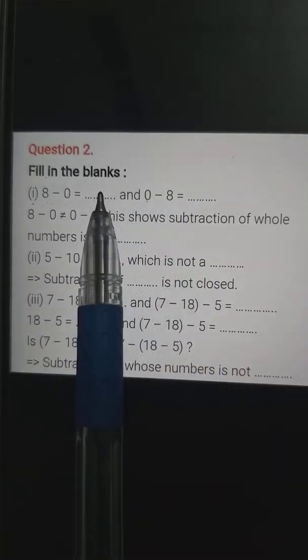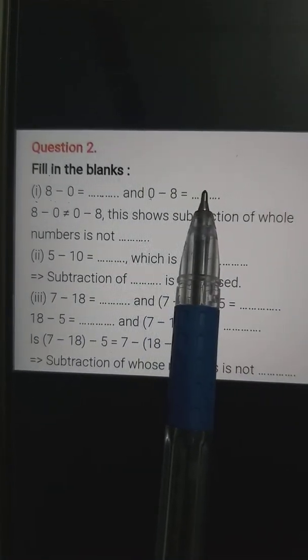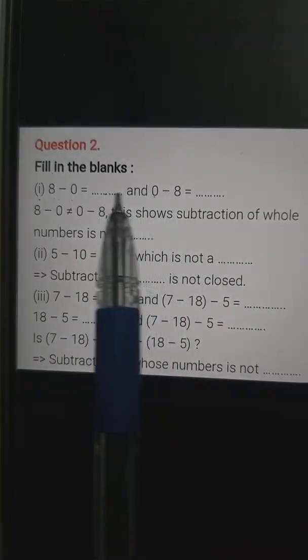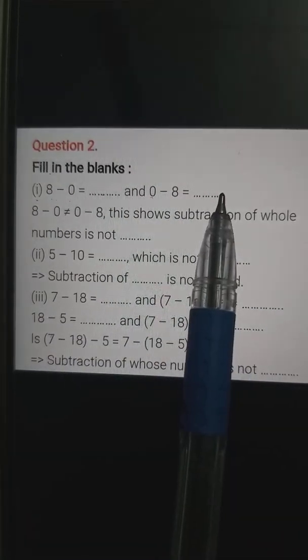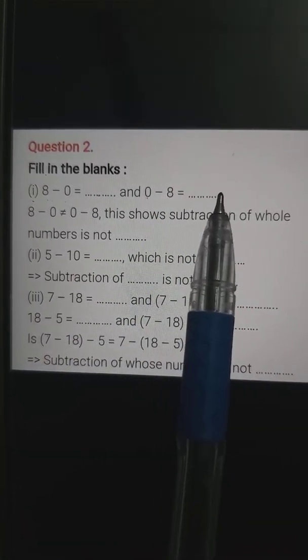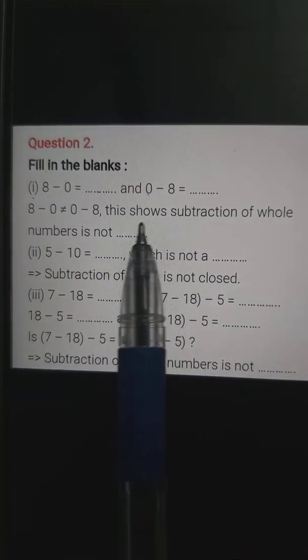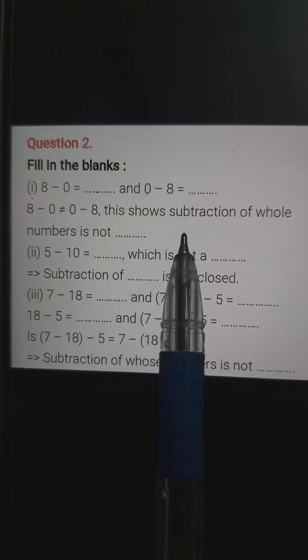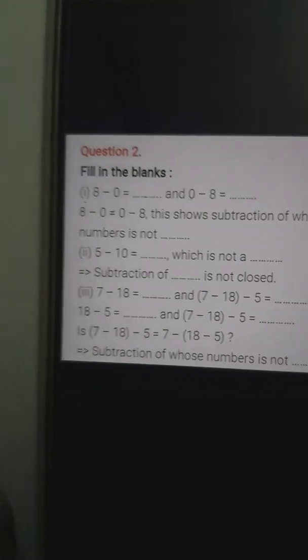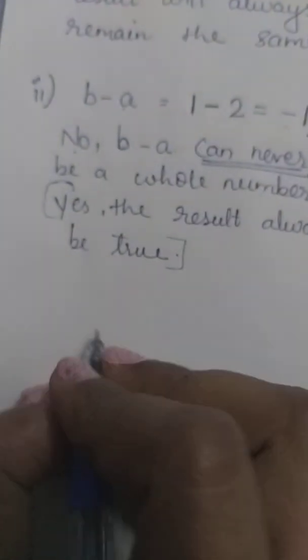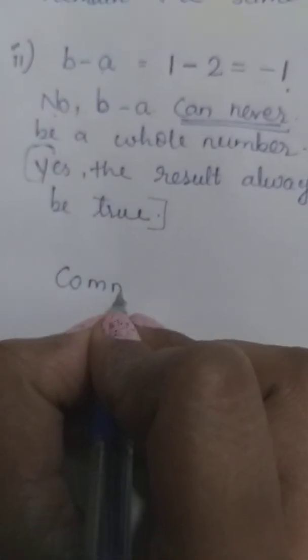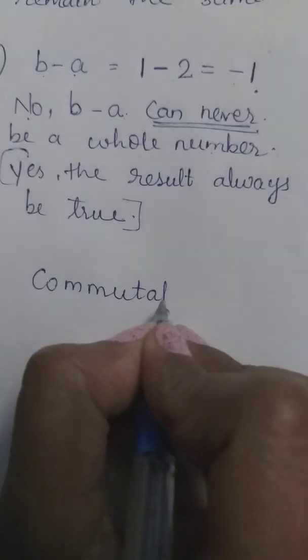So the first answer is 8 and this is minus 8. Now are they equal, 8 and minus 8? No, they are not equal. So this shows the subtraction of a whole number is not commutative. So here you will write commutative. I'll write the spelling over here: commutative.